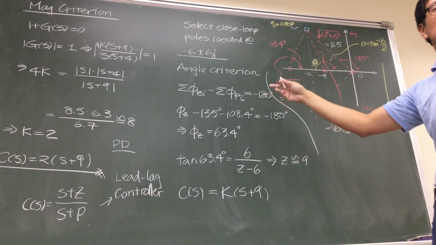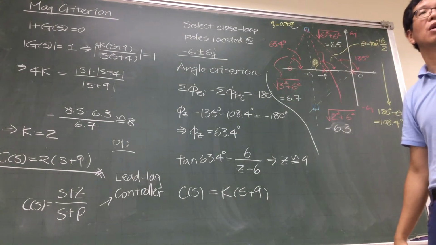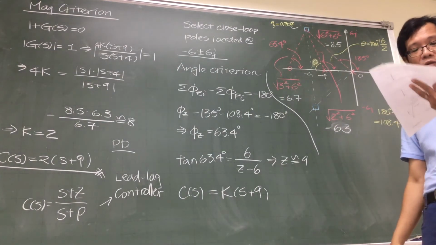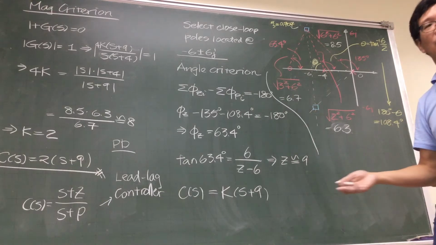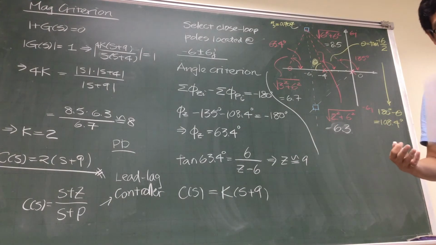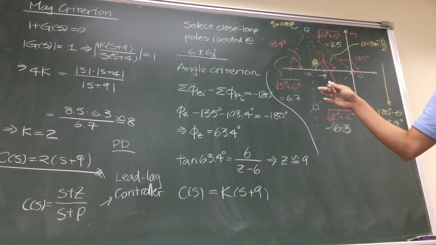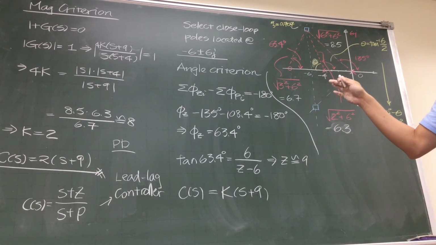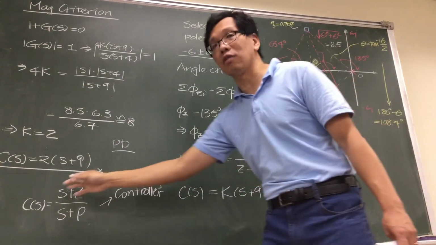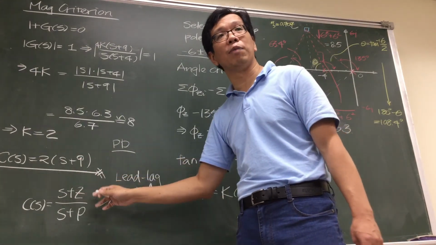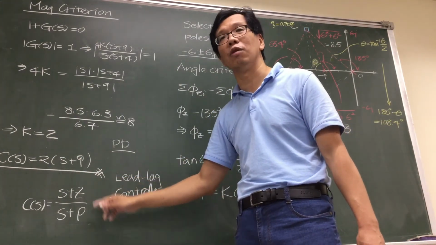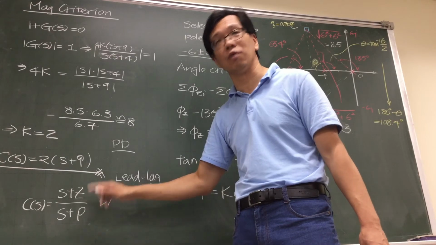It's still the same, because it's still on the other side, negative 180 degrees. But we're going to talk about more realistic calculation of everything next time. Any question? Is that understandable? Why we want to have a lead lag controller with one pole and one zero?